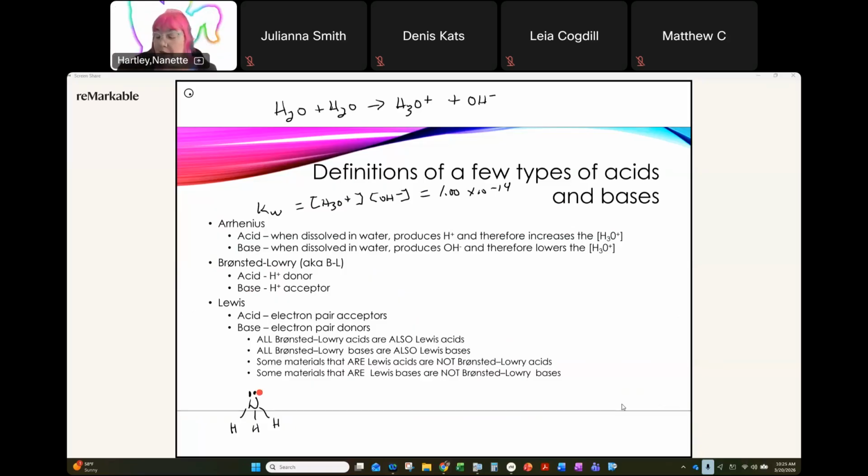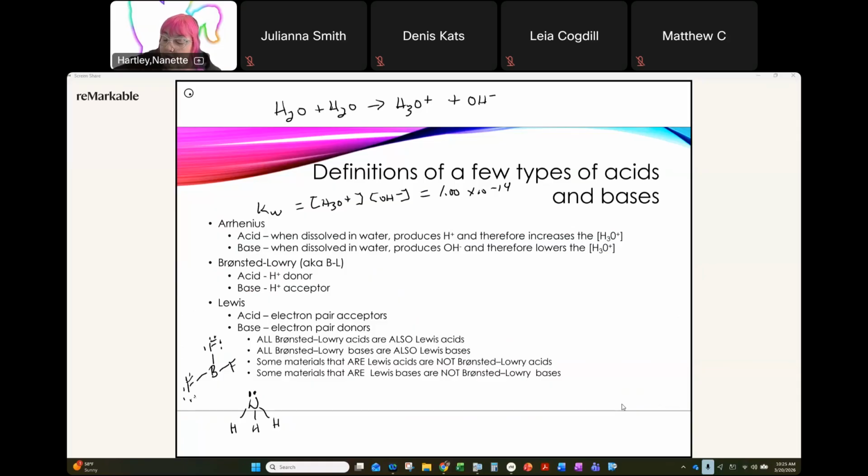The way that I normally talk about this when I talk in 110 is to show BF3. Sorry, that's a bad bond. Which looks like this. And each F is surrounded by 6 electrons.